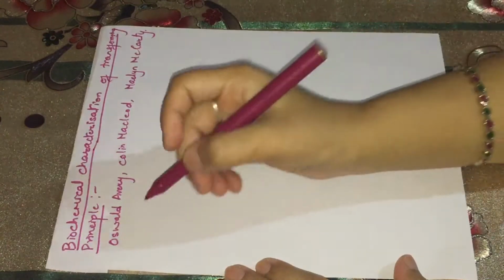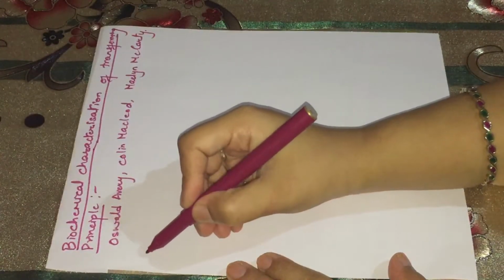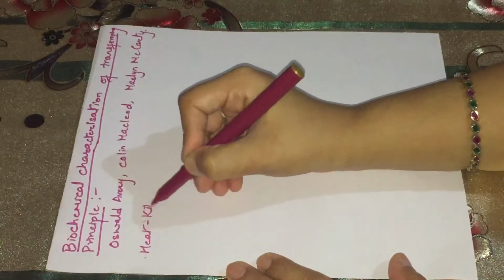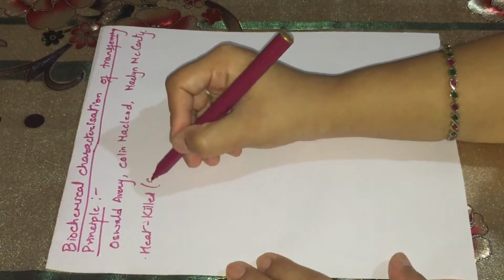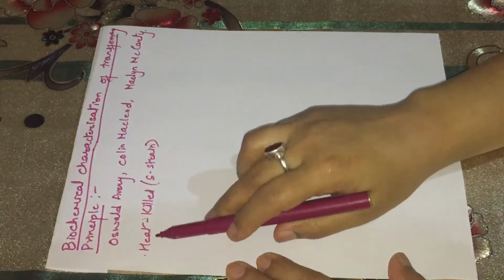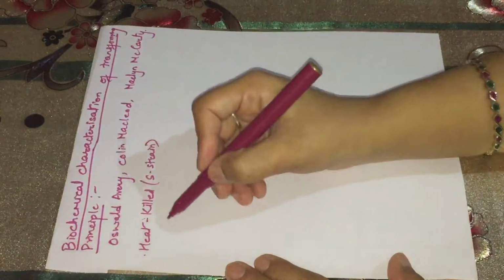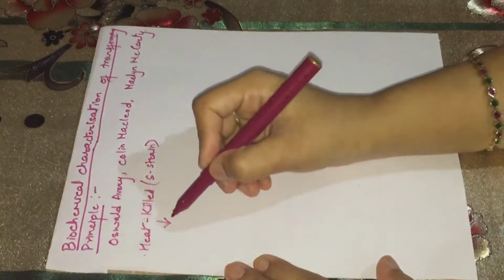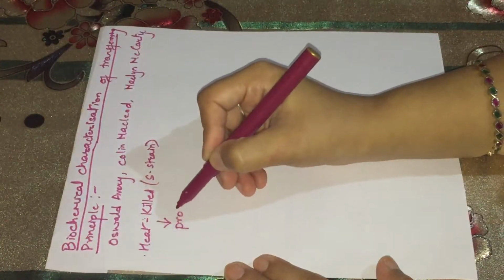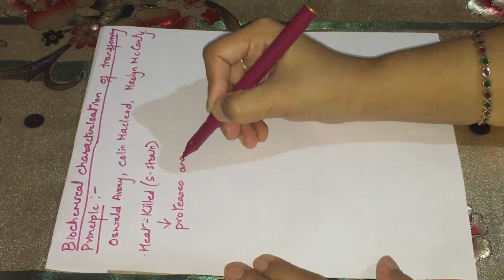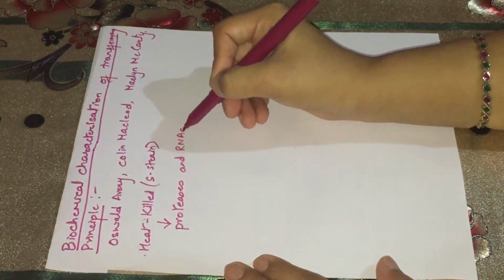At first, they took heat killed S strain bacteria, and they subjected this heat killed S strain bacteria to proteases and RNases.